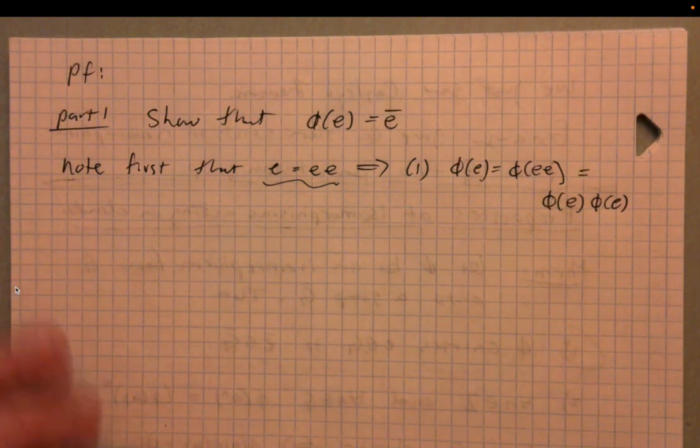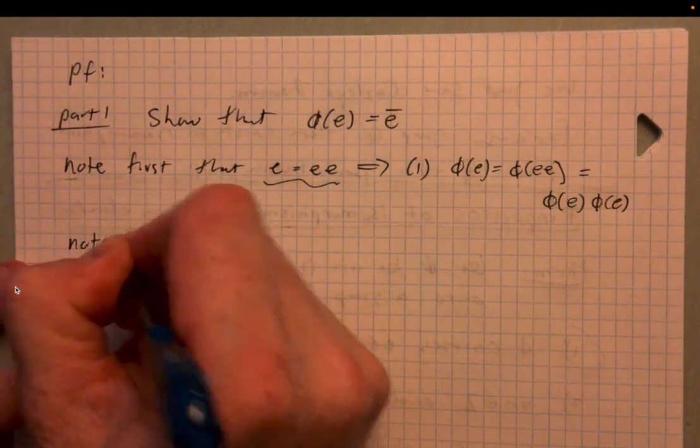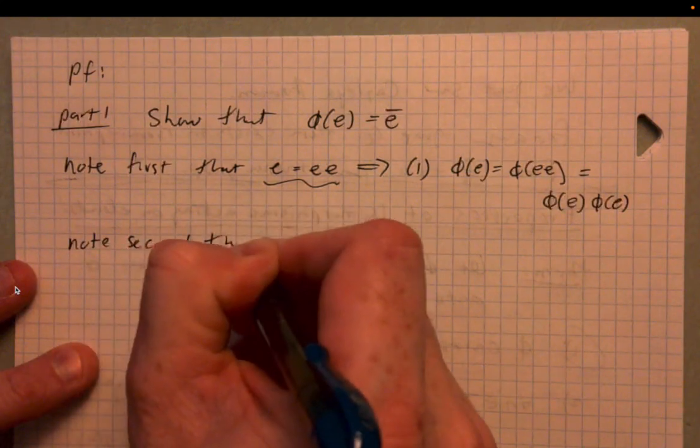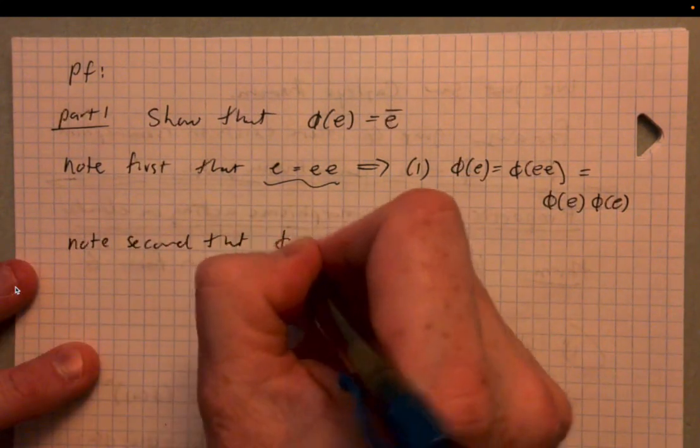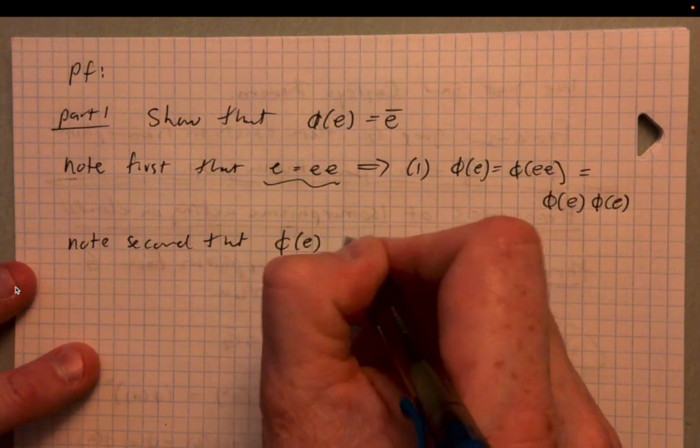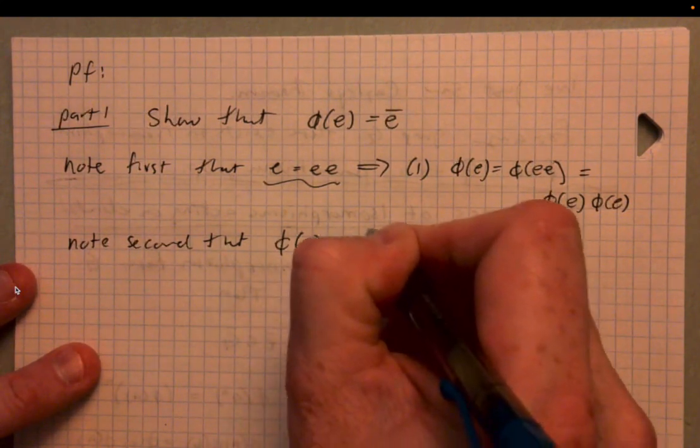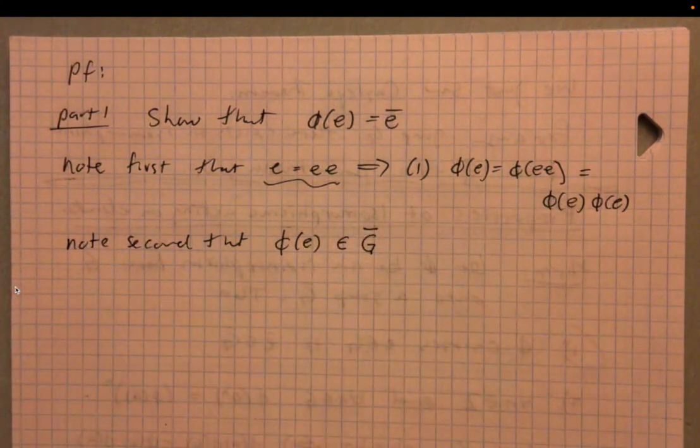All right. So note second that phi of E, whatever it happens to be, is an element in G bar. G bar is a group, it's closed, and so we have closure in G bar.